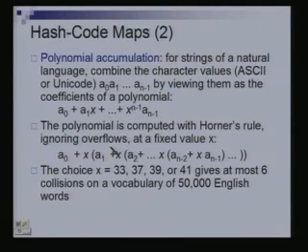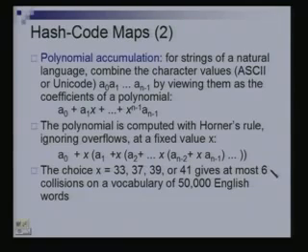So evaluate this polynomial at some integer value, and this is experimental stuff. People have looked at and found that if you work with x as 33, 37, 39 or 41, and if you take, let's say, an English dictionary with about 50,000 words in it, and use this technique to convert your words into integers, then you will not get too many collisions.